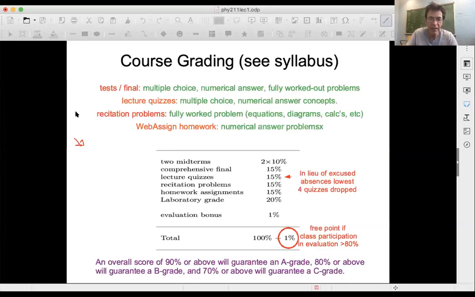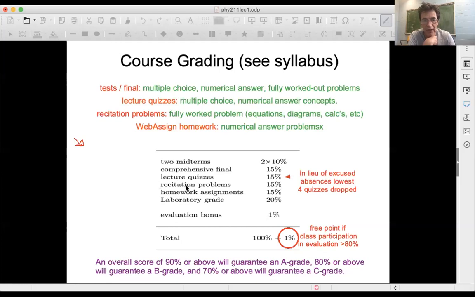You can see that listed here. These are the 2 tests and the final. There's going to be lecture quizzes, so they're listed here. And we'll probably do 1 or 2 lecture quizzes today if we get a chance, but we'll start lecture quizzes for credit next week.